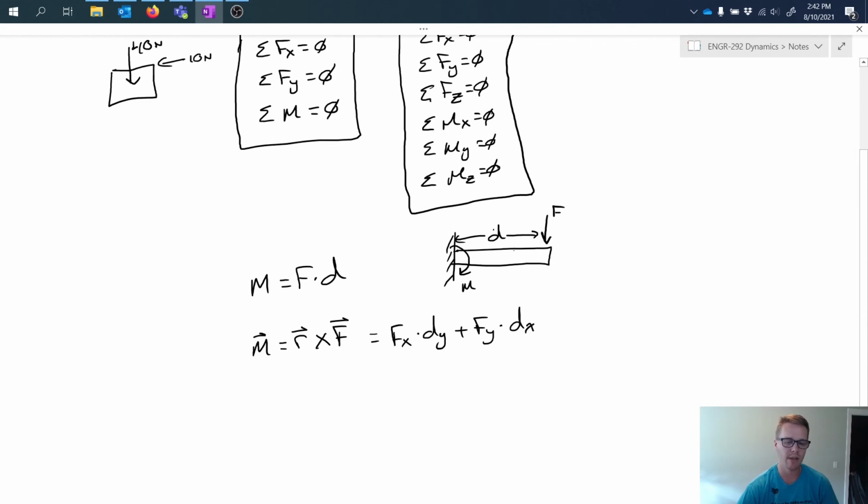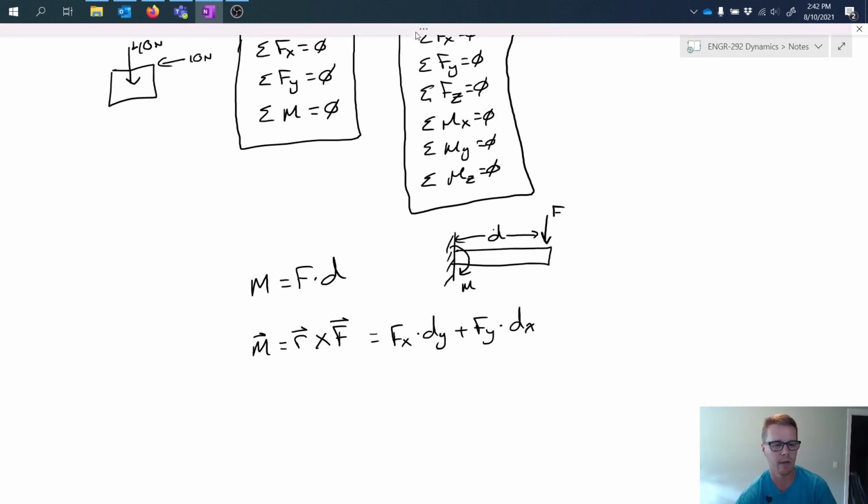So I might break that force vector down into those two components and then break the direction, the measurements down into those two components and make that simplification. So this is a little bit more robust in that it isn't dependent on the direction of force.